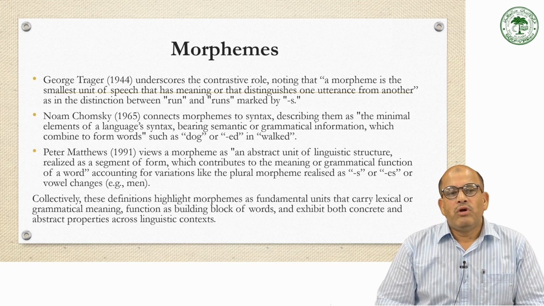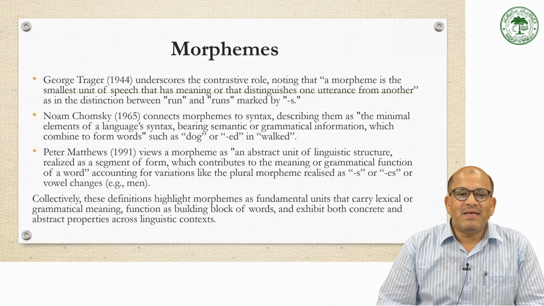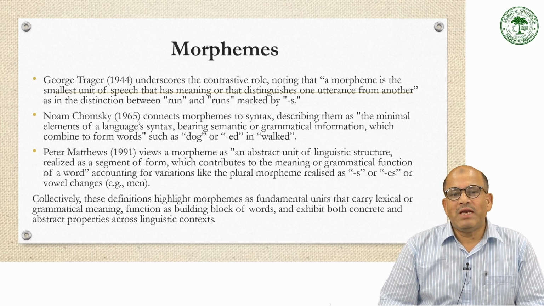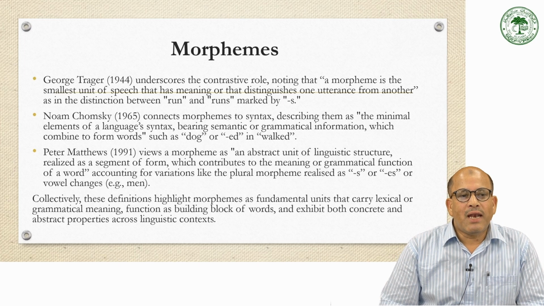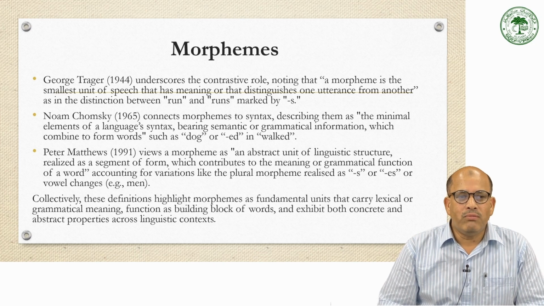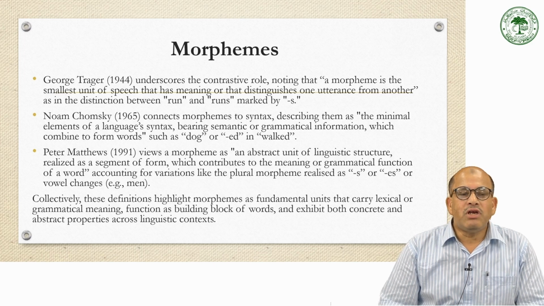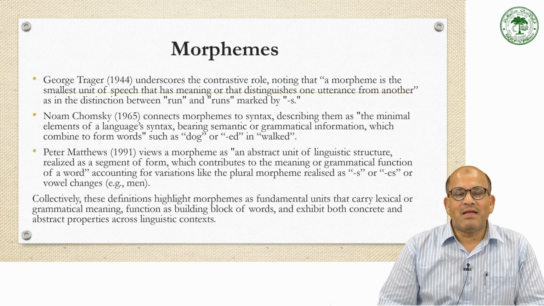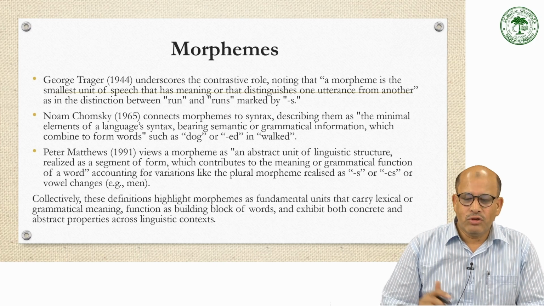Peter Matthews views a morpheme as an abstract unit of linguistic structure realized as a segment of form which contributes to the meaning or grammatical function of a word, accounting for variations like the plural morpheme realized as s or es or vowel change from man to men.